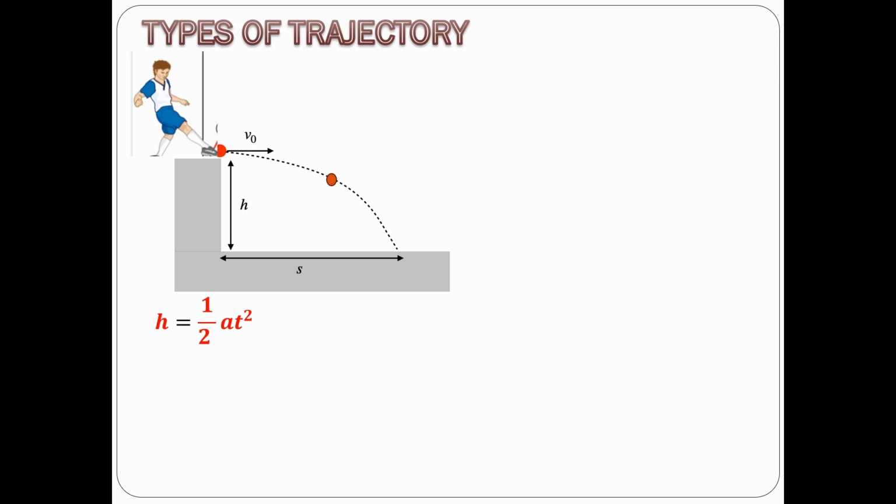This equation comes from this equation: d is equal to v initial times t plus 1/2 at squared.